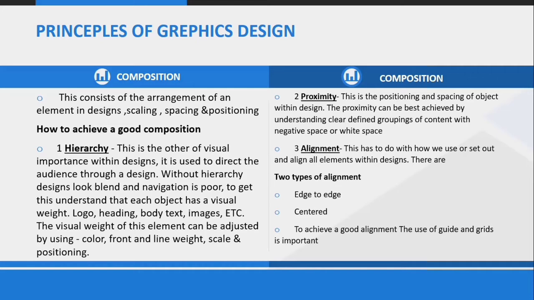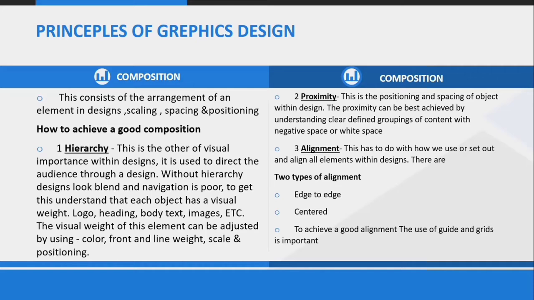You understand? Proximity is the positioning of your objects, the spacing within your design, how you put them. You can see there's a distance between the first composition and the second composition. Then alignment is how you align them. You can see here, number 2, proximity, and 3A are in the same line with the other types.